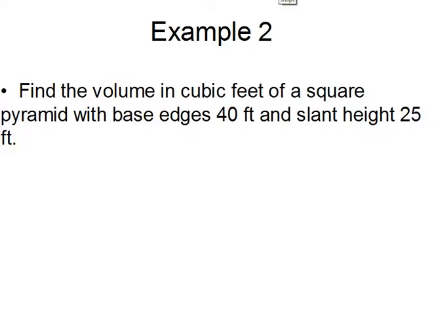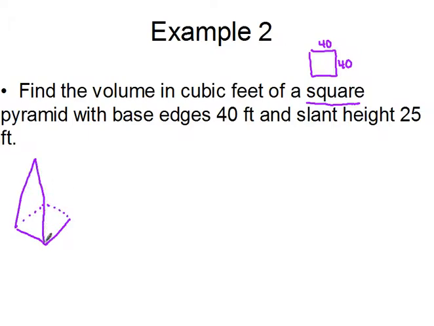Alright, another square pyramid. It has base edges of 40, so this is the square and it has 40s on both edges. This time they give you a slant height of 25. Now let me explain how this works. We'll kind of draw a little pyramid out here. Alright, the slant height is this.